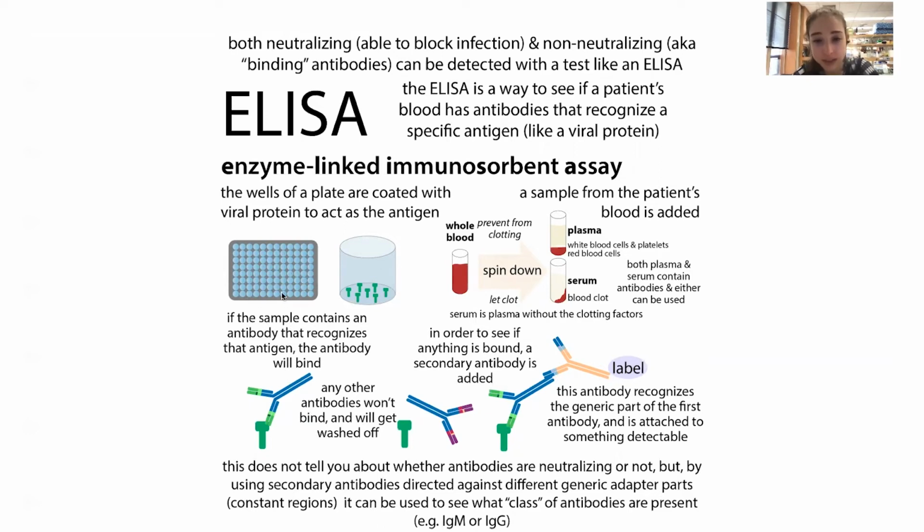Then you could put, say, the liquid that the B cell was growing in on top. If it has the antibody that recognizes that antigen, it's going to bind. You can wash off other stuff and then add a secondary antibody that has the label and see if you get detection. And so then you would say, okay, let's take that B cell and move forward. So there are different sorts of techniques.